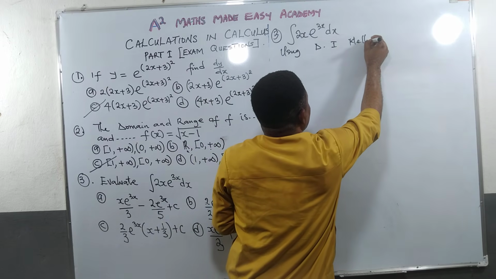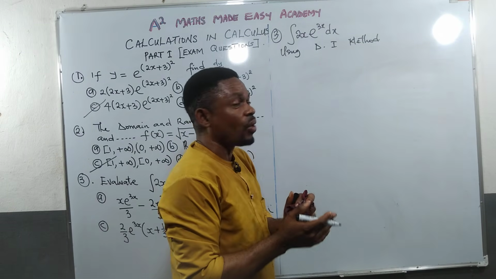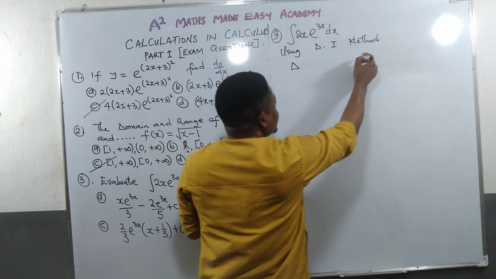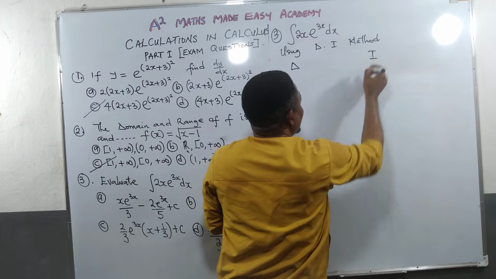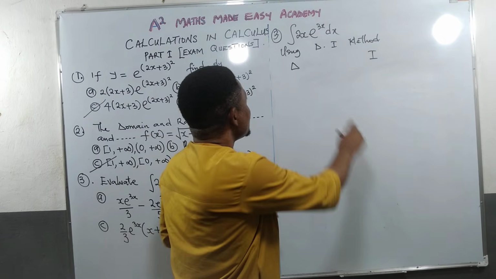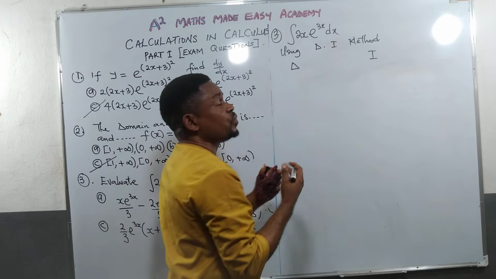What did I say? DI method. D means differentiation and I means integration. I'm going to present it like this: this is D and this is I. Now, which among these will differentiate easily so that at the end x will vanish?